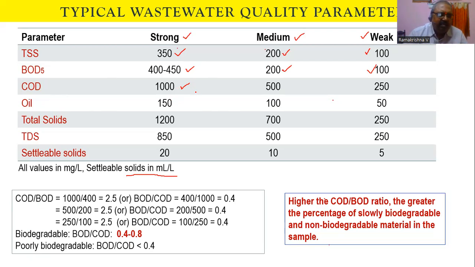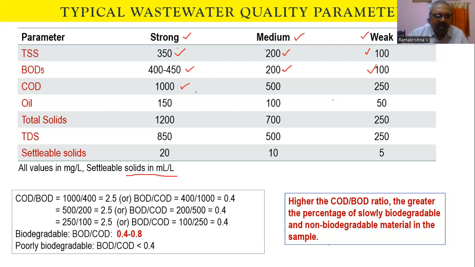In BOD, most of the rapidly biologically active material is decomposed. In chemical oxygen demand, both the active and the slowly reactive material are decomposed. So the COD value is always greater than that of BOD on account of the extra slowly biodegradable material. A higher COD to BOD ratio means more slowly biodegradable material is there.